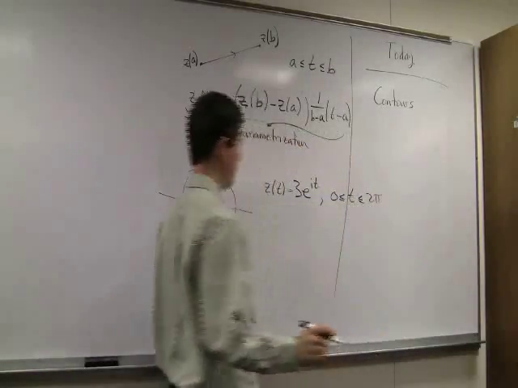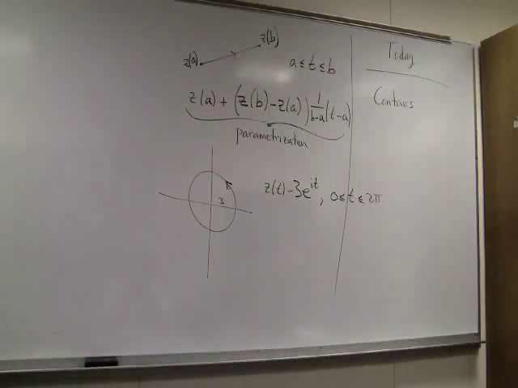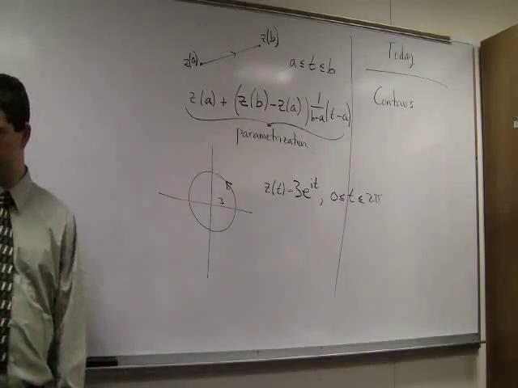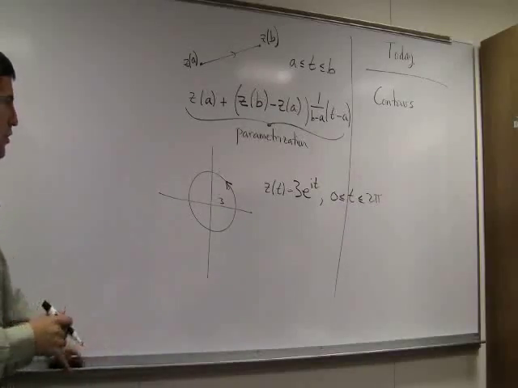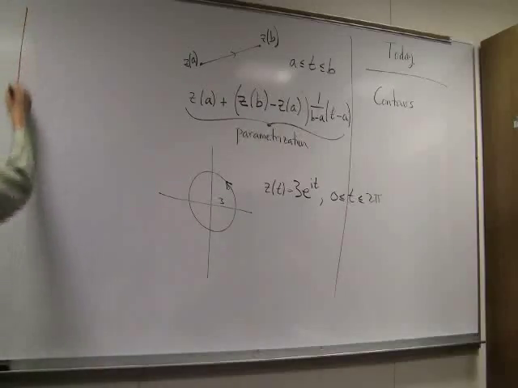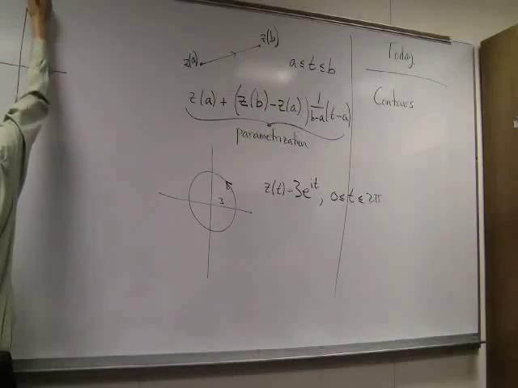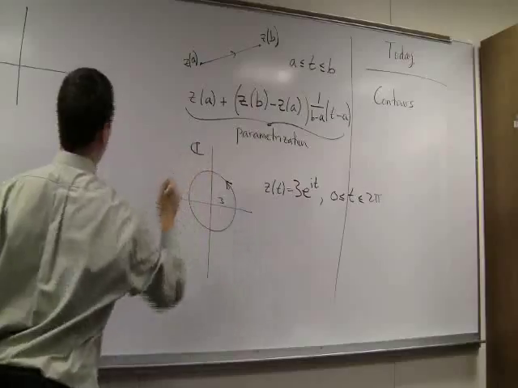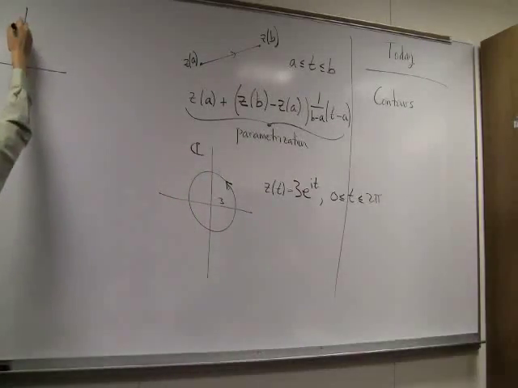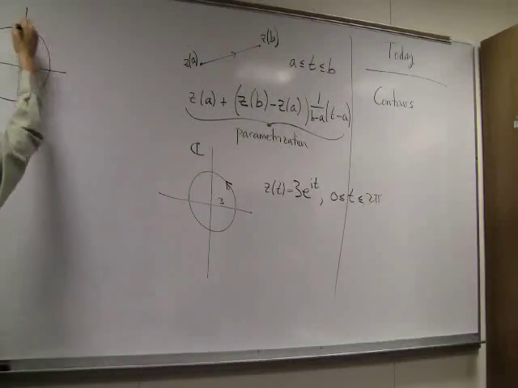There's another parameterization. What if I didn't want to do this in the complex plane? What if I just wanted to do this in R2? So this over here is in C. Same problem. Circle with radius 3.